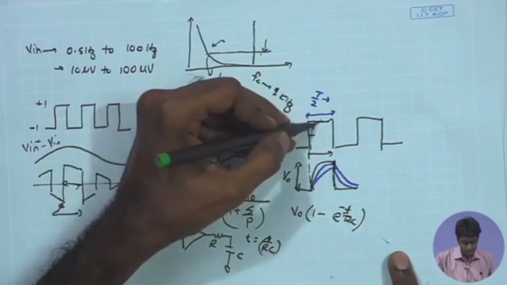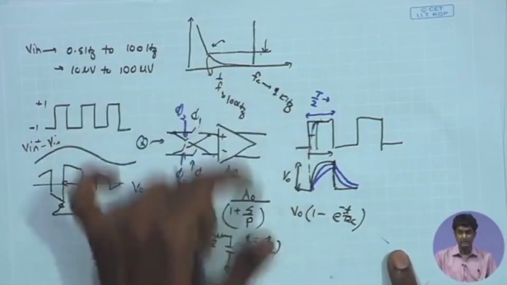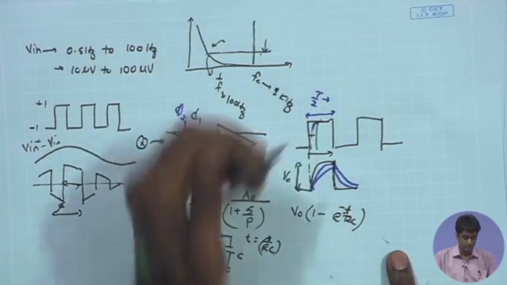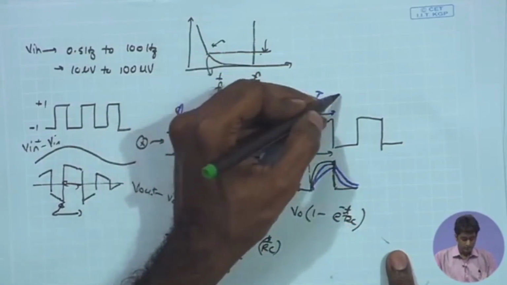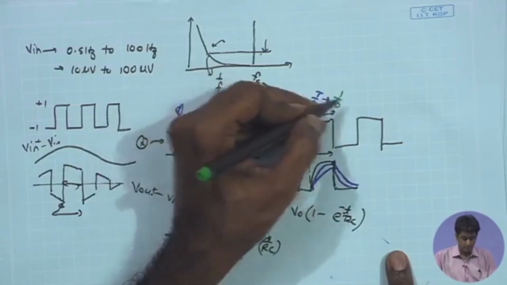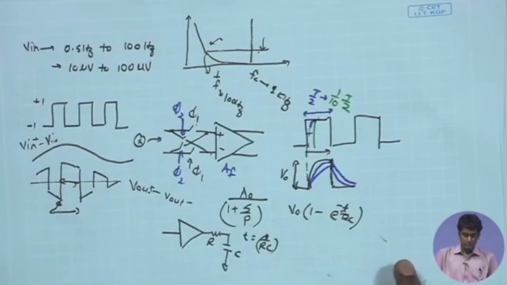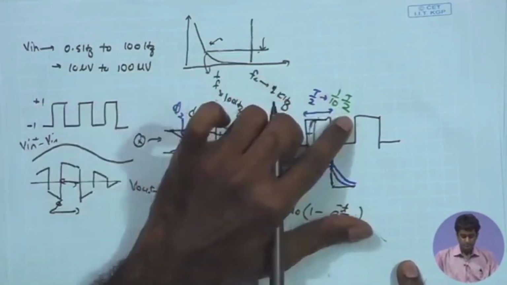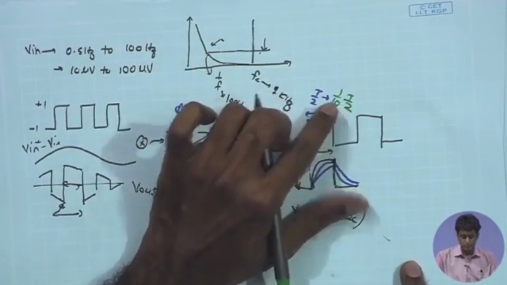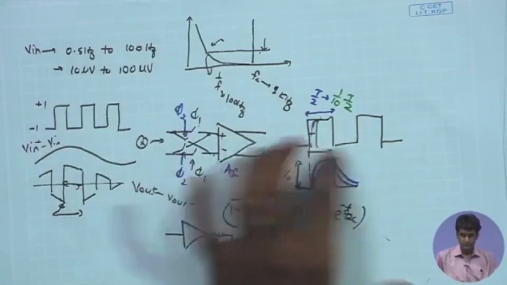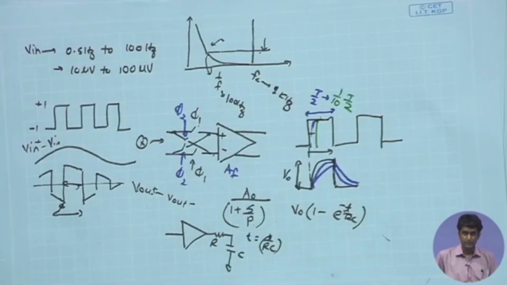If I call this t settle, the time taken by the signal to reach the final value starting from the sampling instance, I would like this to be, to be conservative, at least 1 upon 10 of T by 2, and that means the pole frequency will be 10 to 20 times higher as compared to the frequency of the chopper.